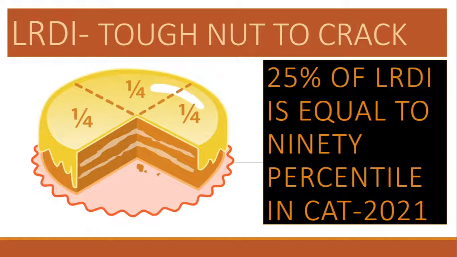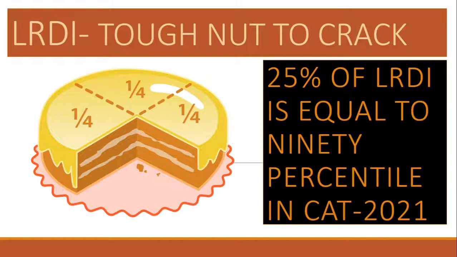When you score 90 percentile in LRDI, it actually means that 90% of CAT aspirants have performed worse than you. That means you are in the top 10% of the students and have cleared the cutoff of even IIM Ahmedabad for the LRDI section.